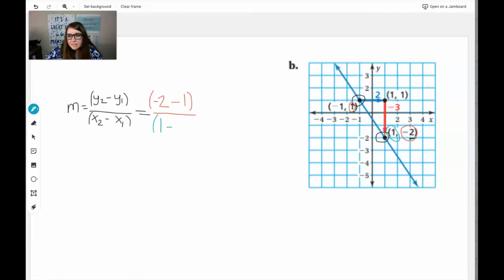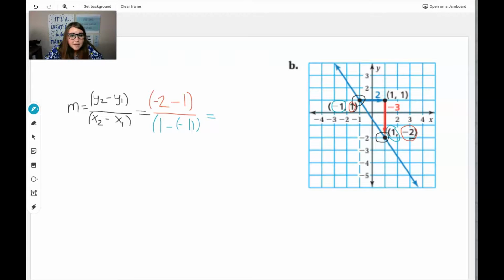Then I'm going to find the difference, which is -1. So I have to subtract a -1. All right, so I have -2 minus 1 and this ordered pair of -1 and 1 subtracting there, and now I am ready to solve for the slope.